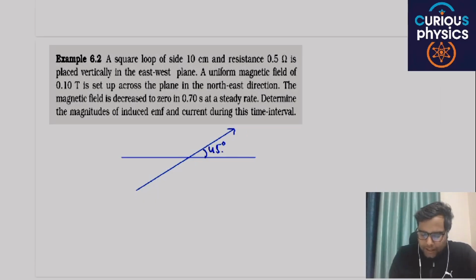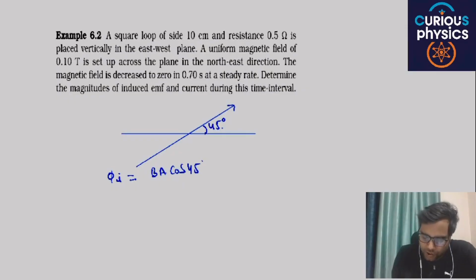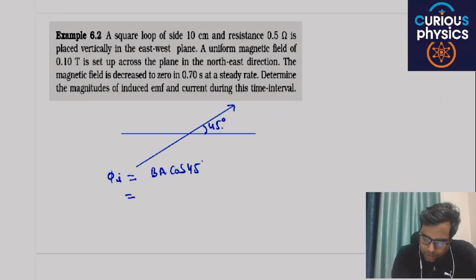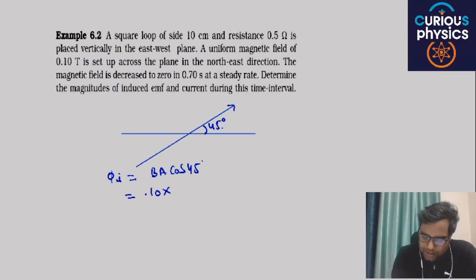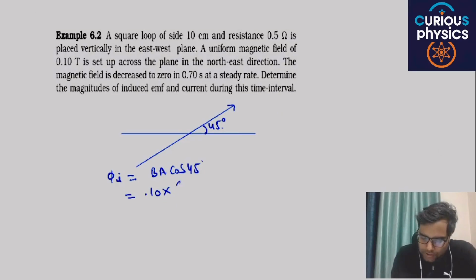The magnetic field is decreased to 0. So phi initial, the magnetic flux, is BA cos 45. The value of B is 0.10. A is a square loop, and in the case of a square loop, the area is side squared. So you can say (10 into 10 raised to power minus 2) whole squared.